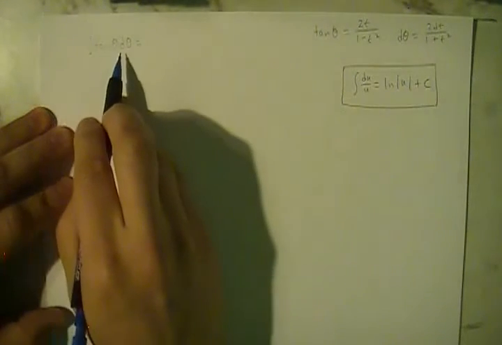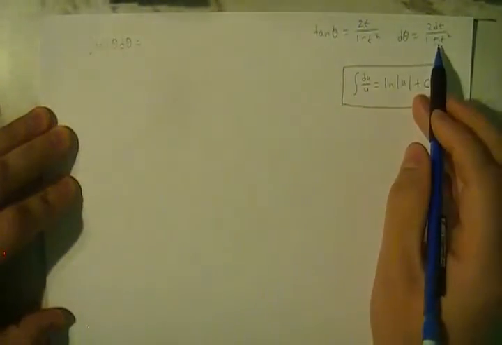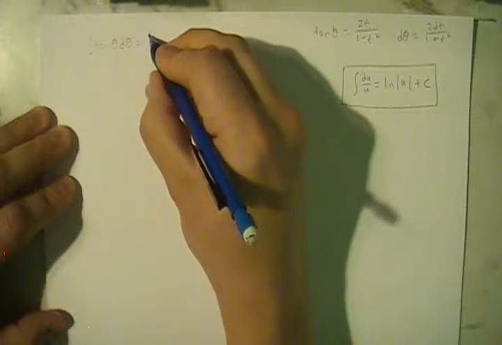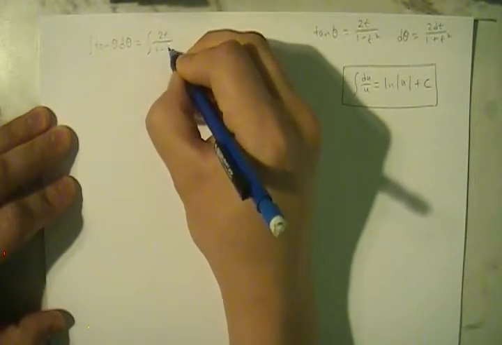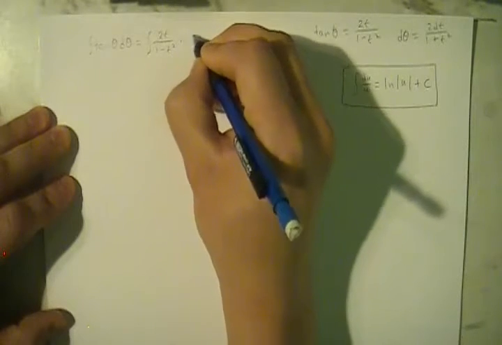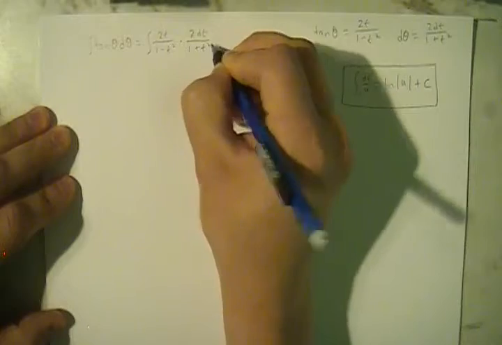Alright, so I have the integral of tangent theta d theta. Let me just use my parametric equations here and substitute them in. So that's 2t divided by 1 minus t squared times 2 dt divided by 1 plus t squared.